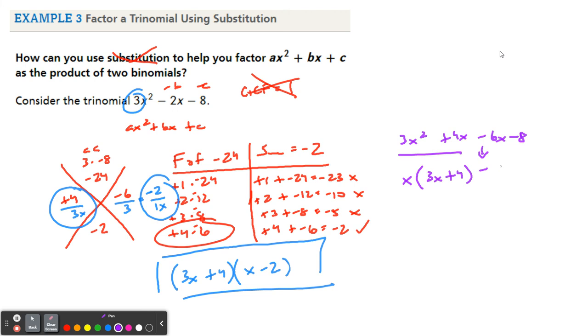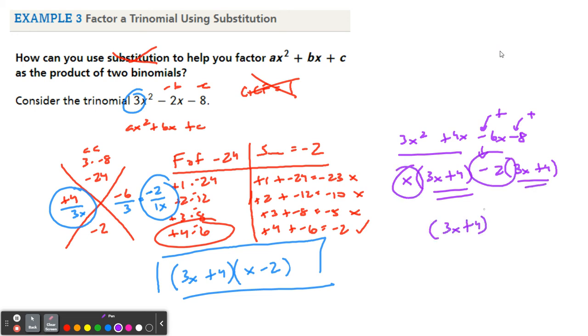Because I bring down the minus sign, these will both turn into positive and positive in the parentheses. Okay? So 6 and 8 common factor is 2. So divide by negative 2, you get a positive 3x, and you get a positive 4. Again, there's that common factor that's repeating. 3x plus 4. The x and the minus 2 go in the second parenthesis. Same thing.